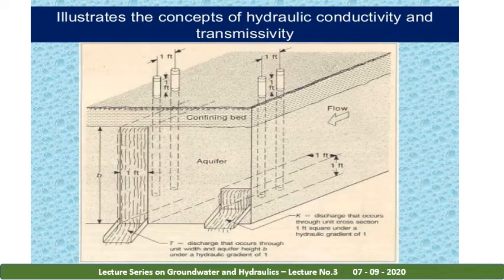You can see these two are the hydraulic conductivities, which are drilled in the subsurface, and this you can see as a confining bed. A confining bed is nothing but a soil layer which allows water to transmit.